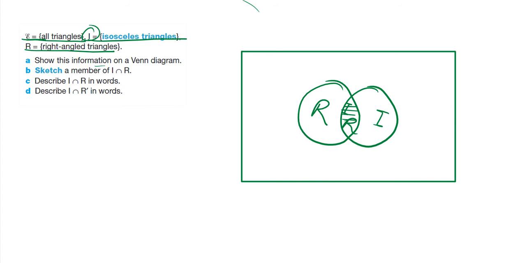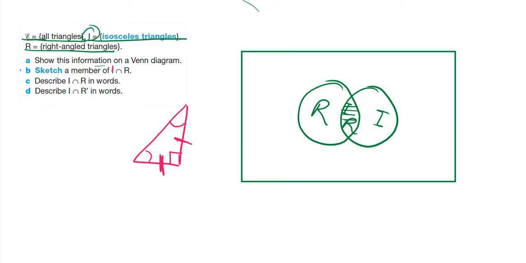Okay, sketch a member of I intersection R. Alright, so this will be the sketch of this, like this. I think that will be the sketch of this because the opposite angles will be the same and these two sides will be equal to each other.